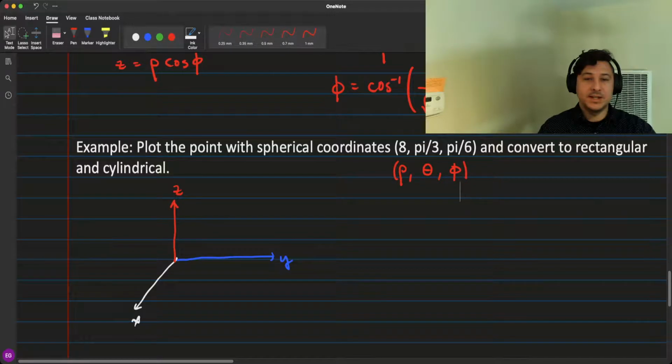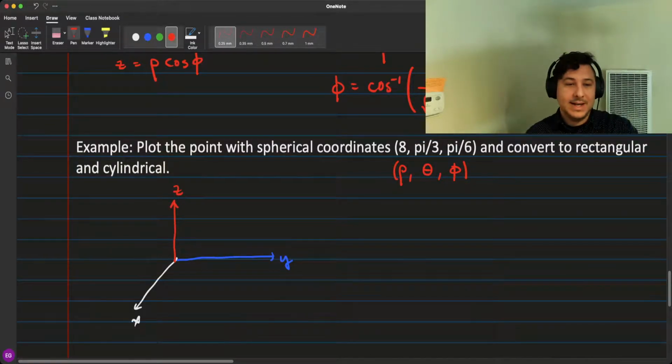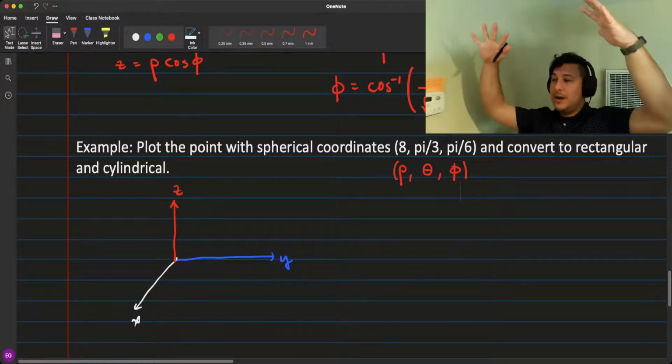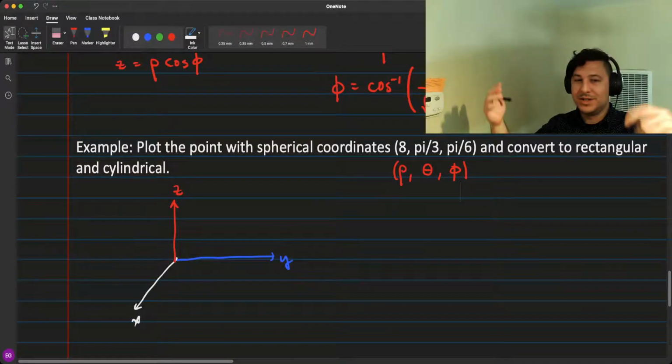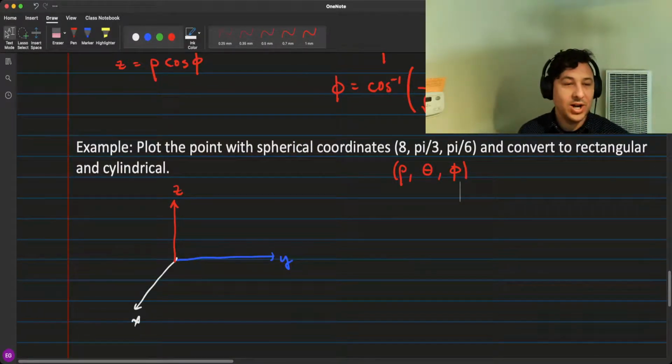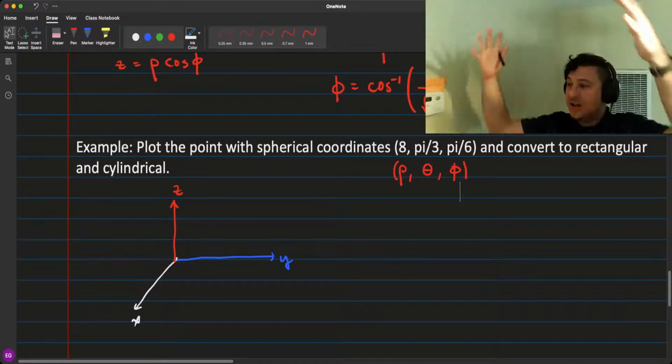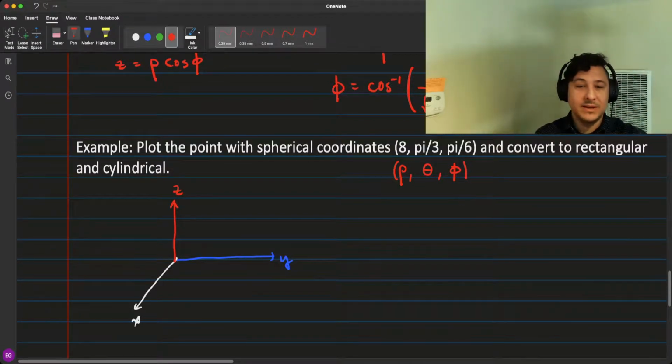So the length of your line segment is 8. Wherever you are, you're 8 away from the origin. So you can sort of imagine that you're starting by thinking of a sphere and the radius of the sphere is 8.